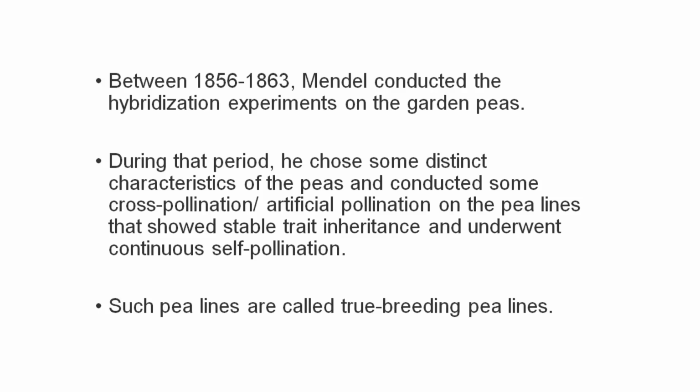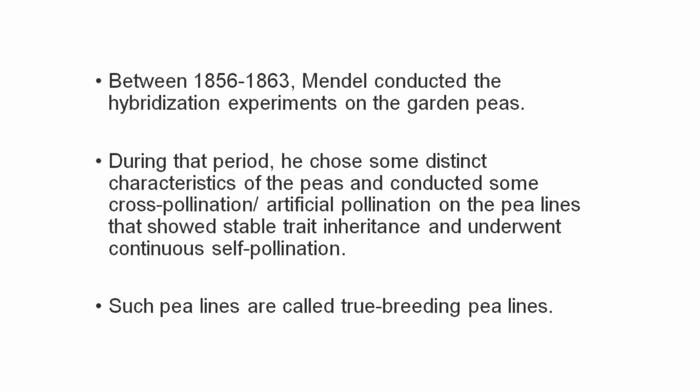During the experiments, he understood how genetic material is passed. Generation after generation, the genetic material is passed in a stable way, so the offspring possess similar characters.